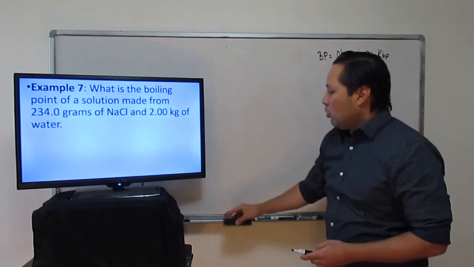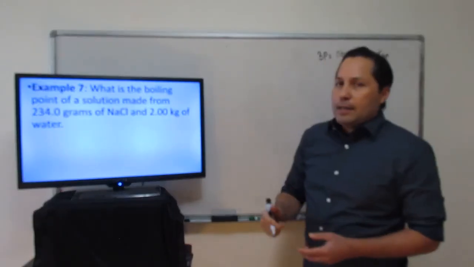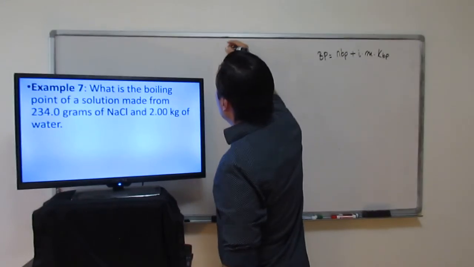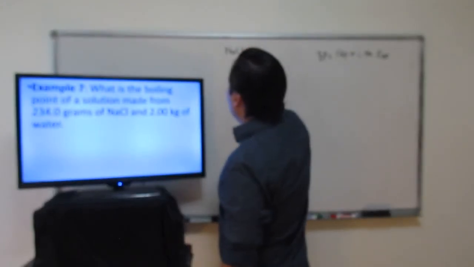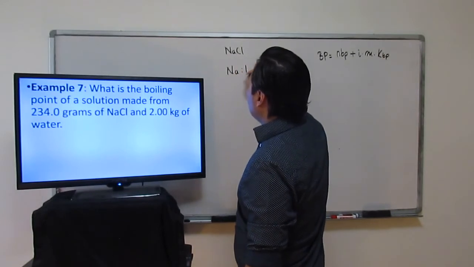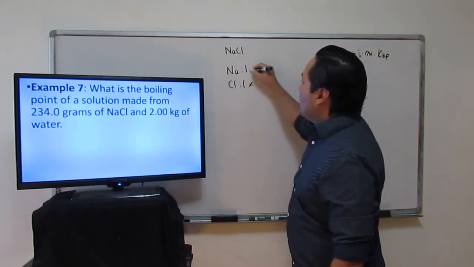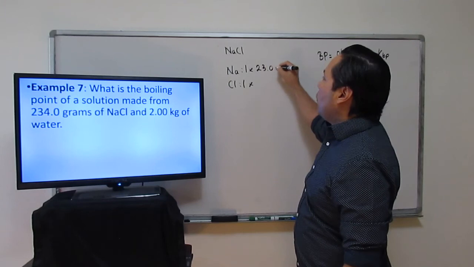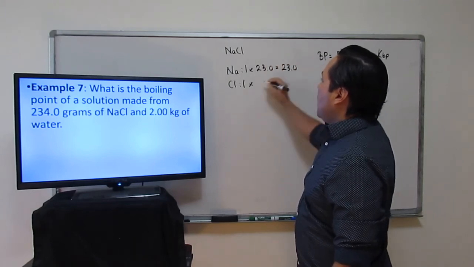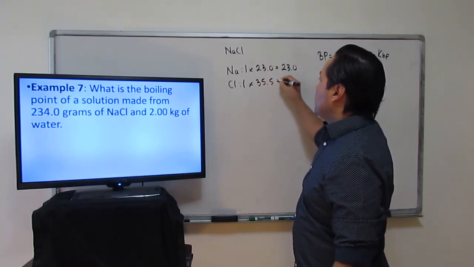So we're going to need the molar mass of the NaCl to solve for that. So we have NaCl, there's one of each. Their mass is 23.0 for the Na and 35.5 for the Cl.